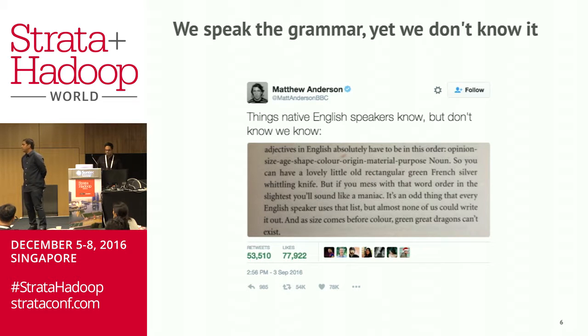This was a tweet from The Elements of Eloquence, I think, the book by Mark Forsyth, from which this was picked up, and it was pretty viral a few months back. So we know the grammar, maybe just by practice, but we don't really know what the grammar actually is.